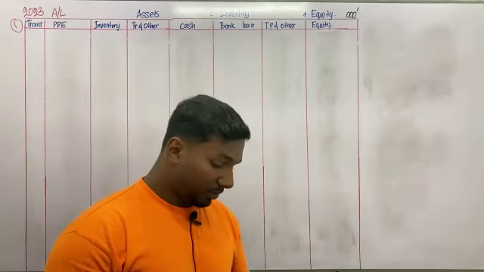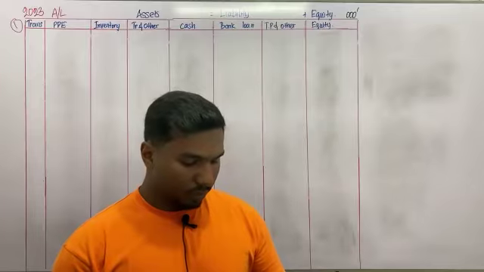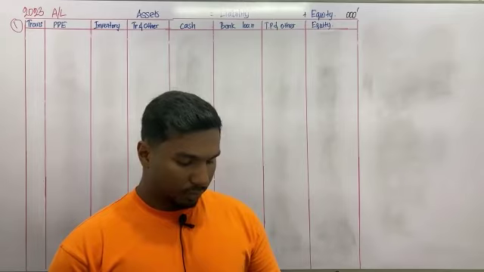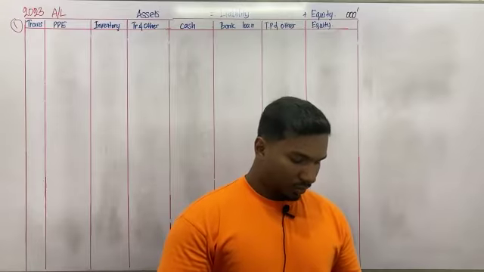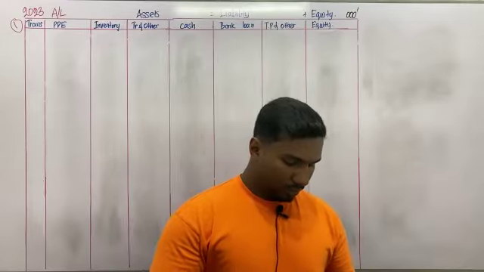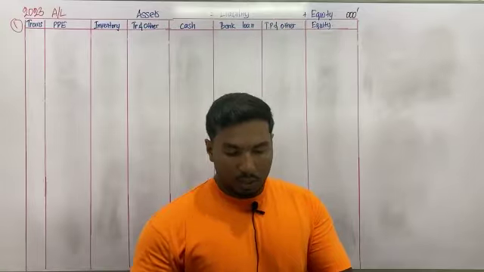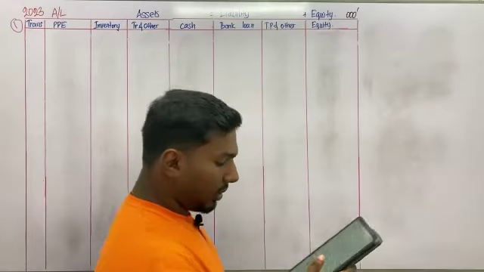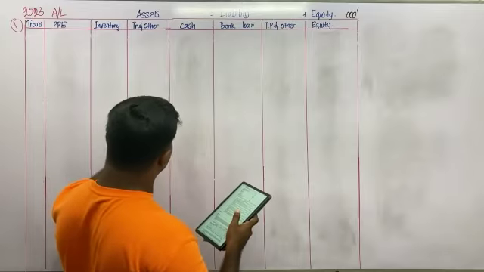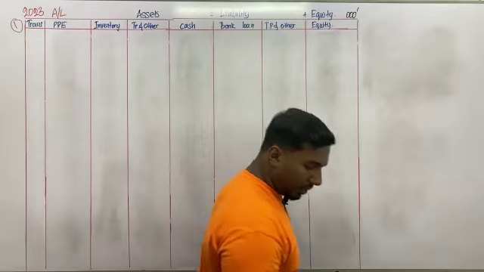So, the transactions: PP, inventory, trade payable, trade debtors, cash, liability, trade creditors, VAT control, and equity.